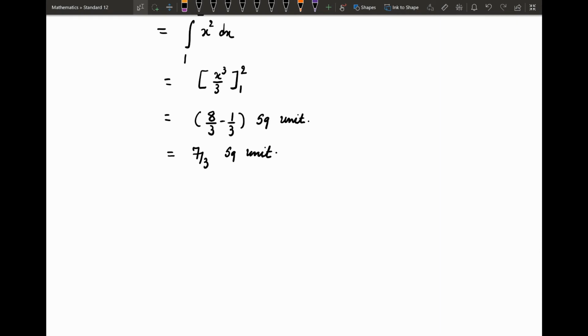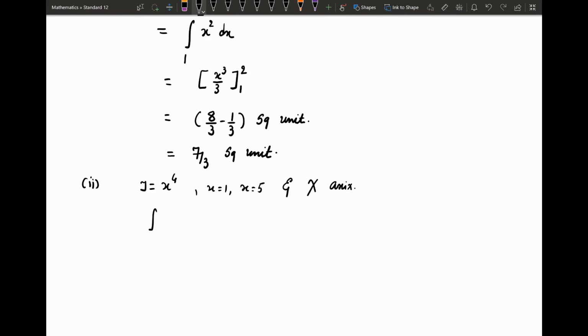Now the second example, same type of example, so you can solve it. The only curve is y equal to x raised to 4, x equal to 1, x equal to 5 and bounded by the x axis.